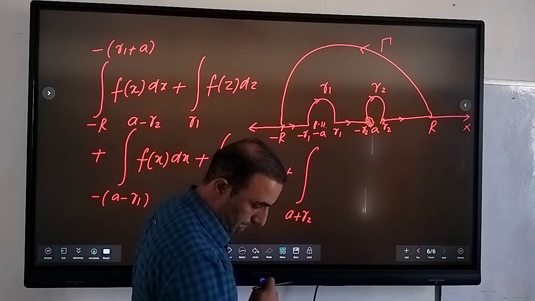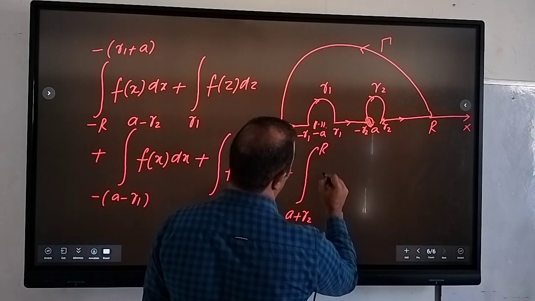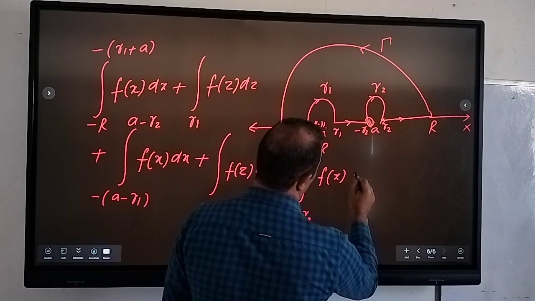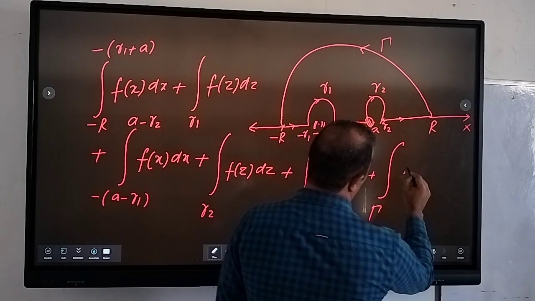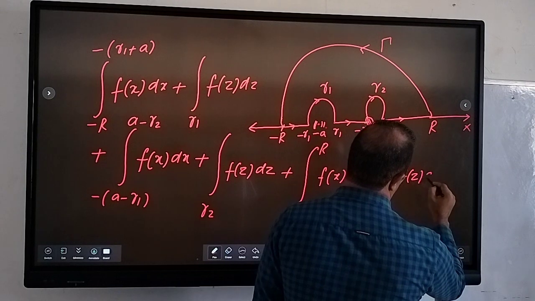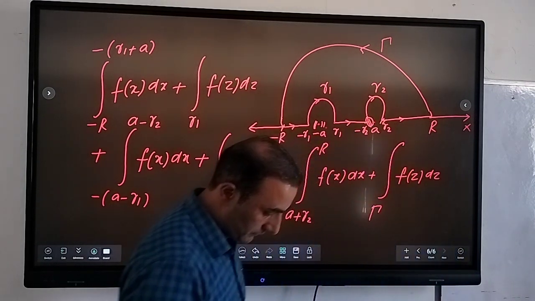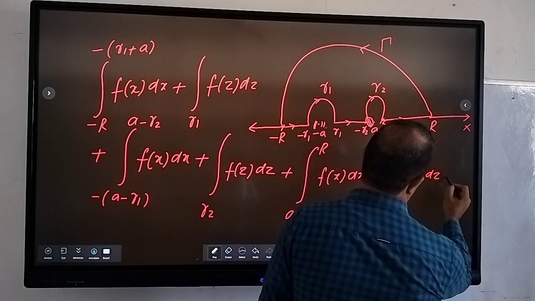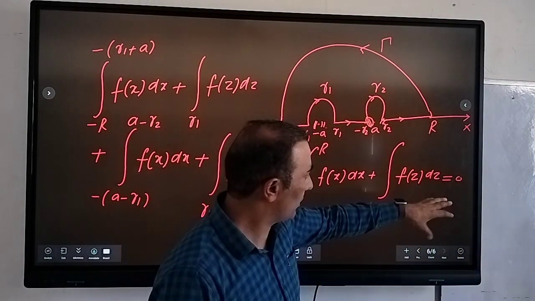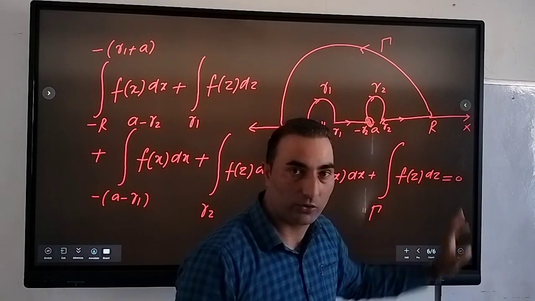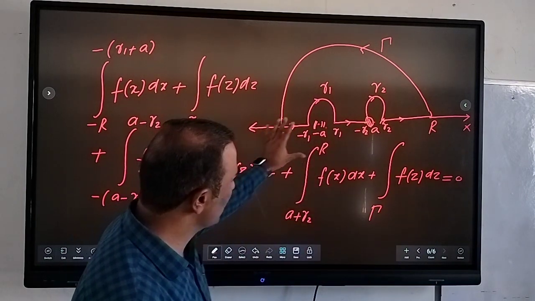Plus r. So that should be equal to 0, because the complete contour is a closed contour, so it should be equal to 0. So we have all these contributions.